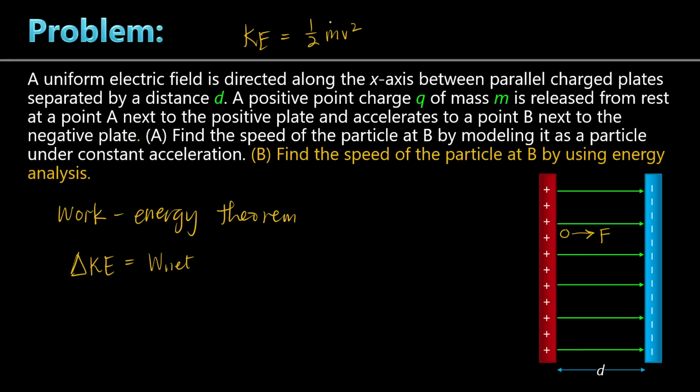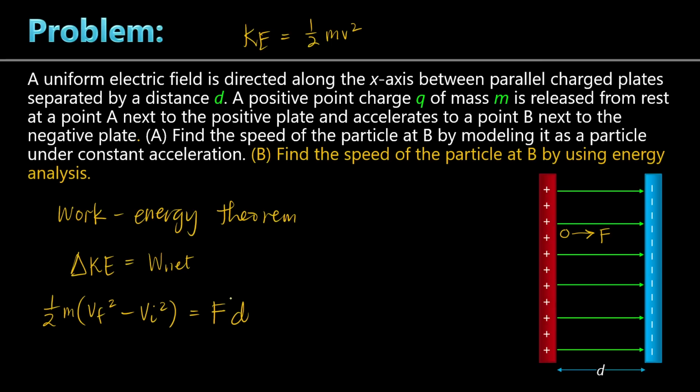Common naman yung m, hindi naman magbabago yun. Kaya ilagay natin dito, 1/2 times m, vf squared minus the initial, vi squared, is equal to the net work done. Gaano kalaki yung net work which was done on this particle na nagtataglay ng charge? That's equal to the force acting on the particle multiplied by the distance traveled or its displacement rather.